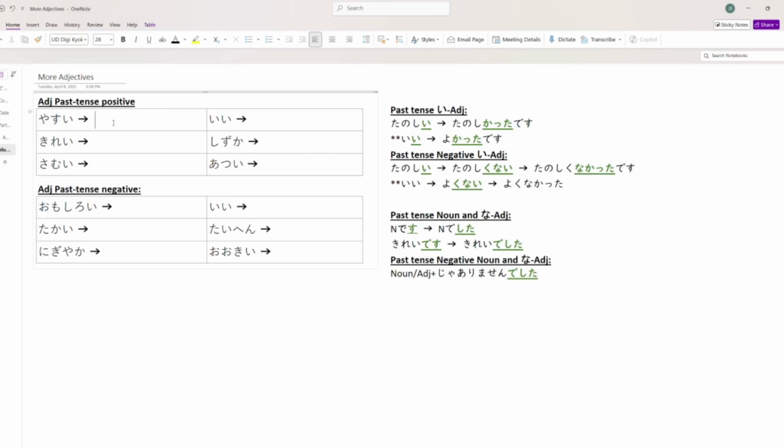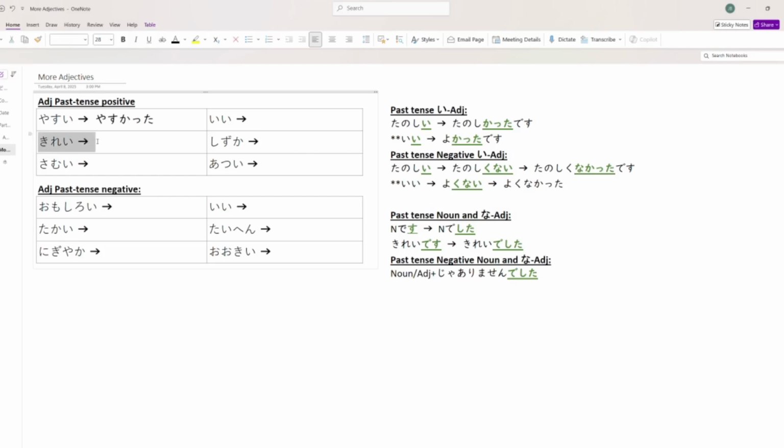So according to our little list over there on the right, we start off the same, yasu. Why is it bold? Whatever. And then we need to change that i to katta. i goes to katta for the i adjectives.